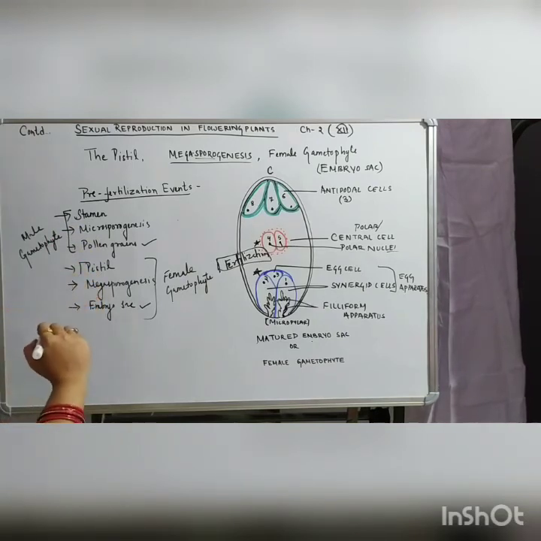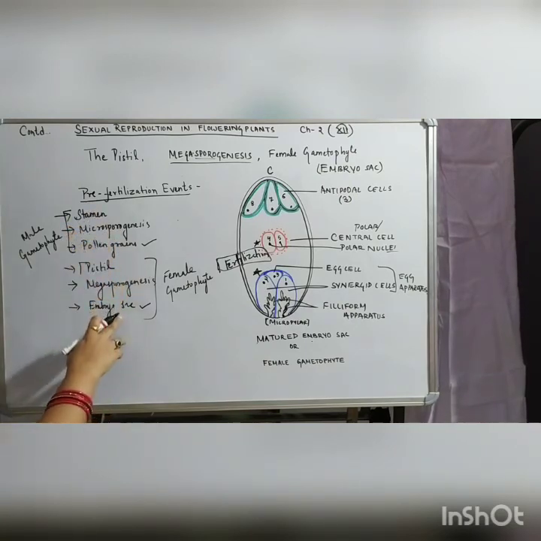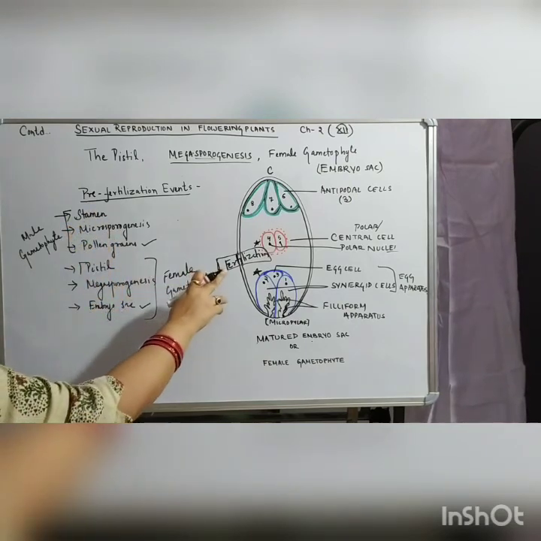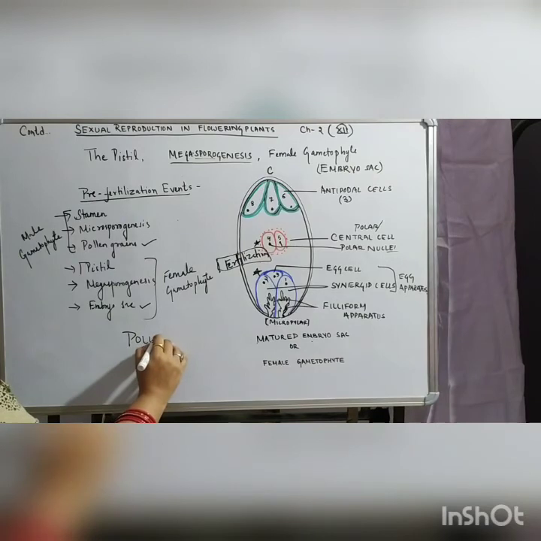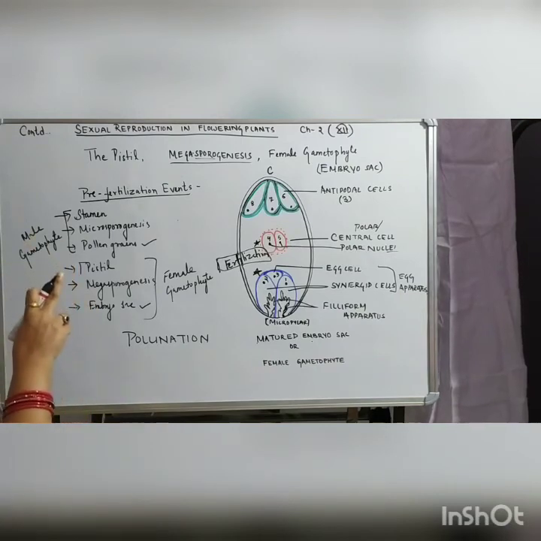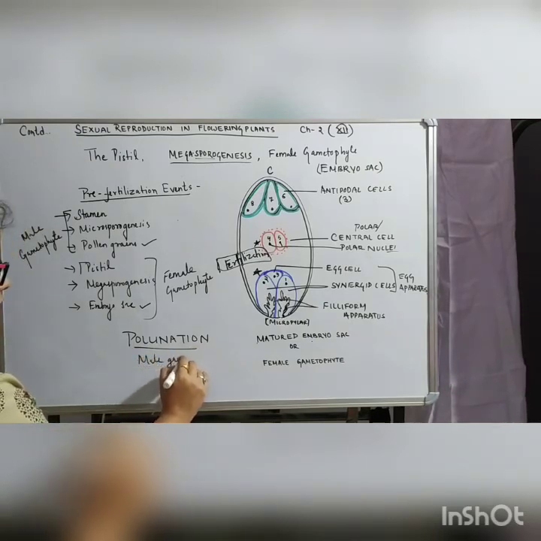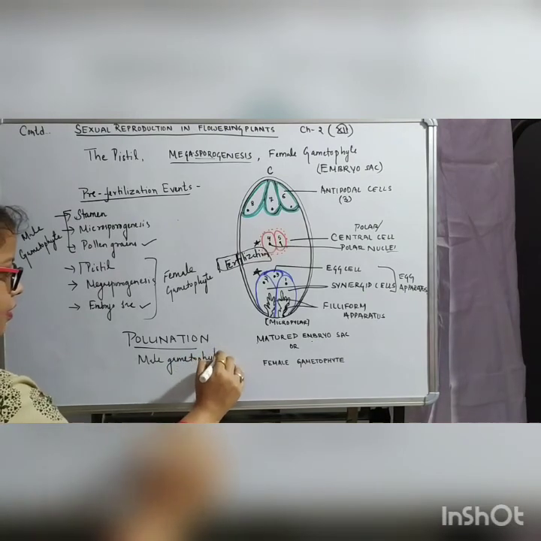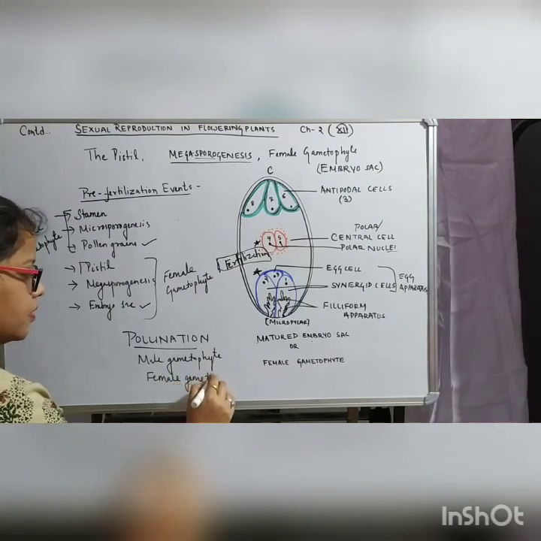Now we are ready for the next process, that is pollination to take place, and after pollination this male gametophyte will reach the female gametophyte and then fertilization will take part. So in the next part we are going to talk about pollination. Pollination is the link between the pre-fertilization events and fertilization, because without pollination, male gametophyte and female gametophyte cannot meet each other.